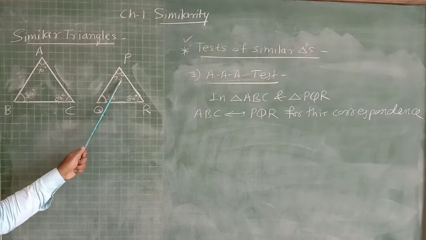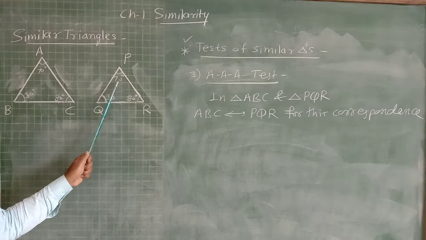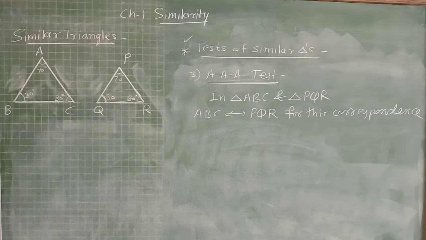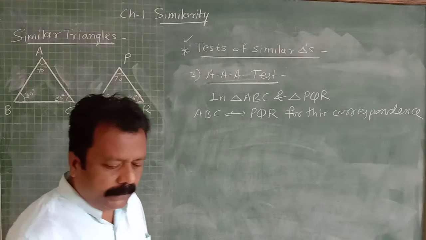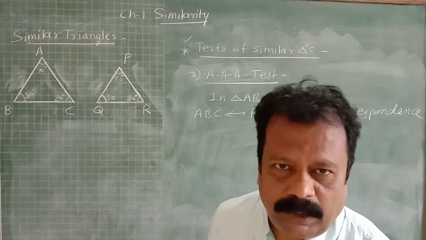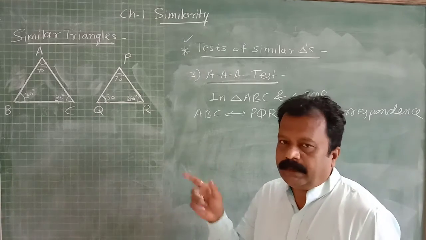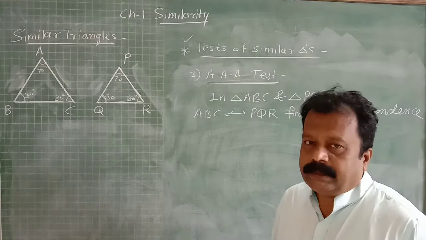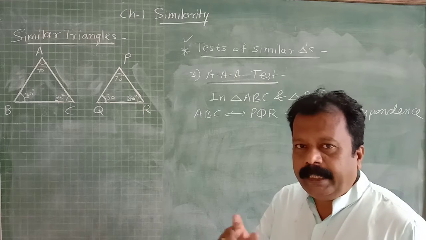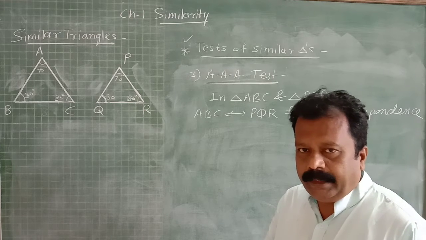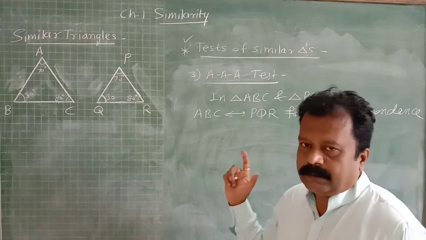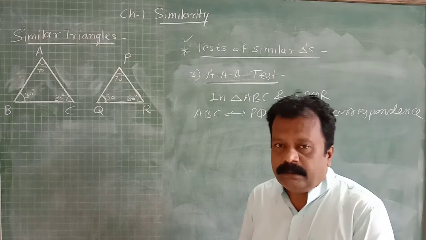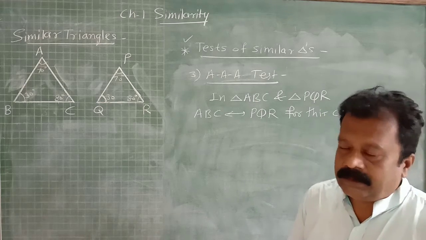A and P have the same measure, 70 degrees. So three angles of one triangle are congruent with the corresponding three angles of another triangle. Then the two triangles are similar to each other. This is our statement of the AAA test for similar triangles.